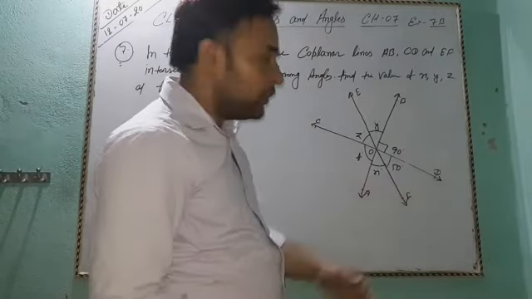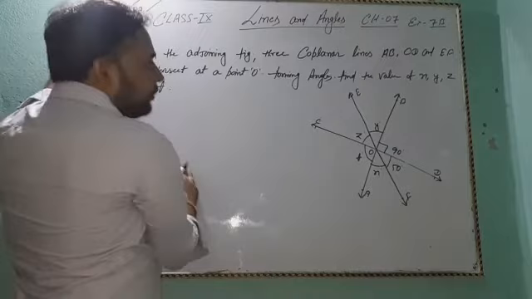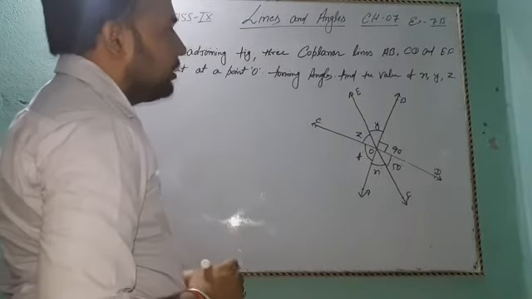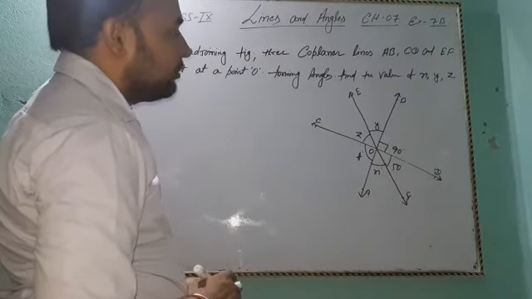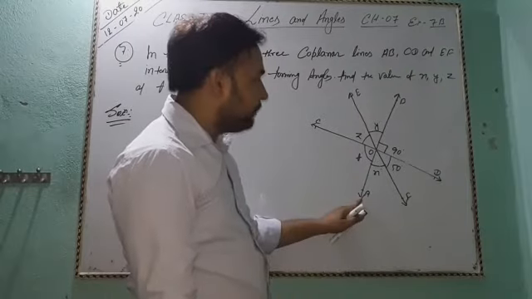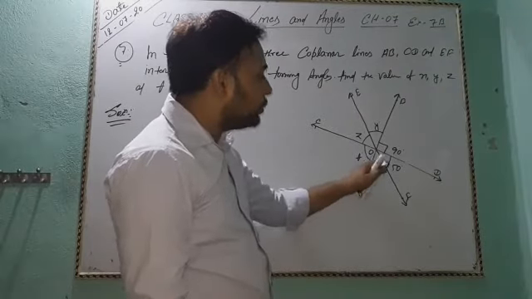Let's first start the solution. We know that the sum of all angles on the same side of the line AB at the given point O is 180 degrees.